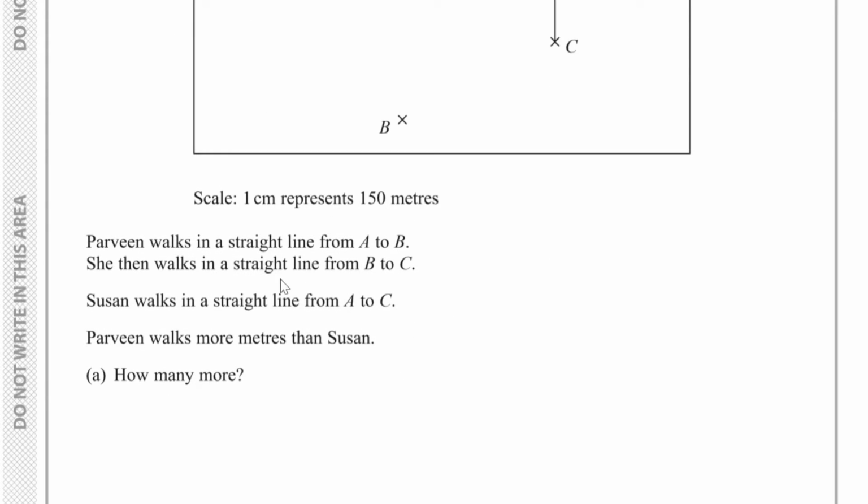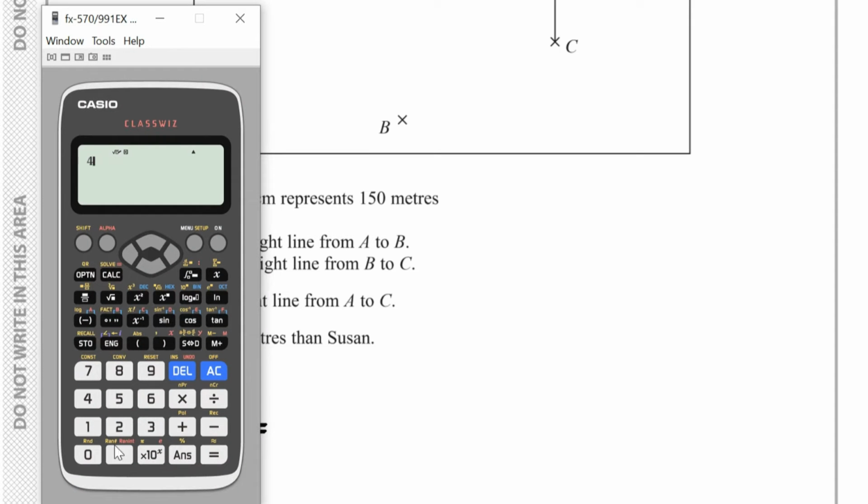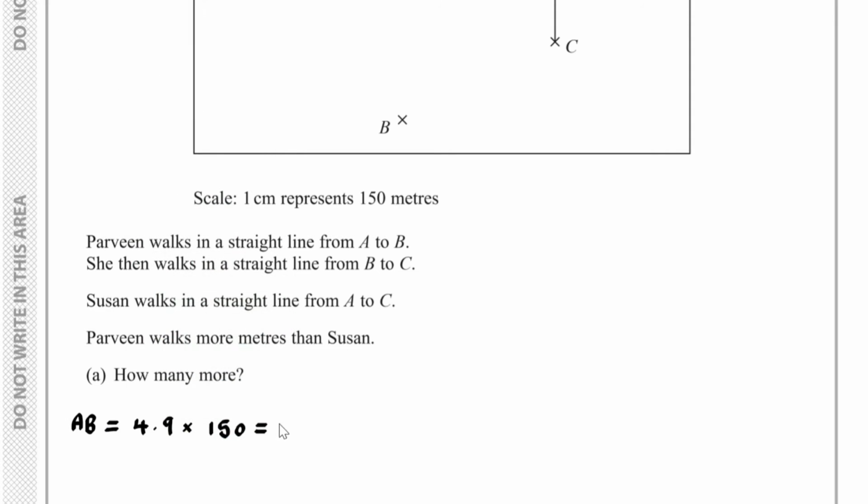So if we convert that into meters, we have to times by 150. So AB equals 4.9 times 150. So it turns out we get 735 meters.